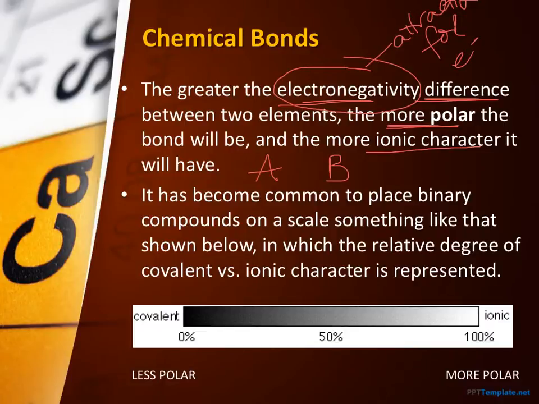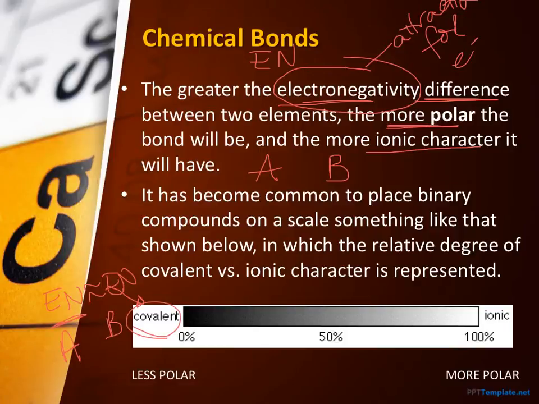So looking down at the bottom of the page here, I'm going to call En electronegativity, okay, En. If the electronegativity of atom A is about equal to the electronegativity of atom B, we'll have a covalent bond.